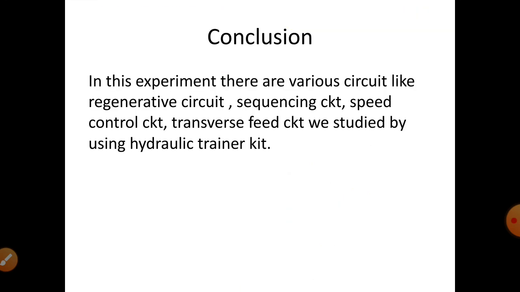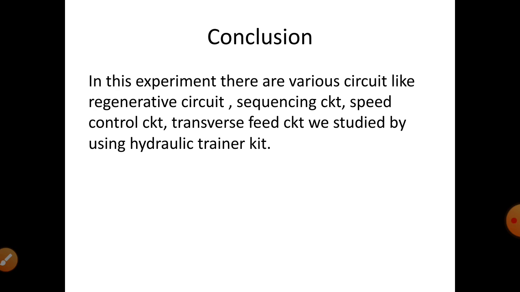And this is the conclusion. In this experiment, there are various circuits like a regenerative circuit, sequencing circuit, speed control circuit, traverse feed circuit, which we studied by using the hydraulic trainer kit.